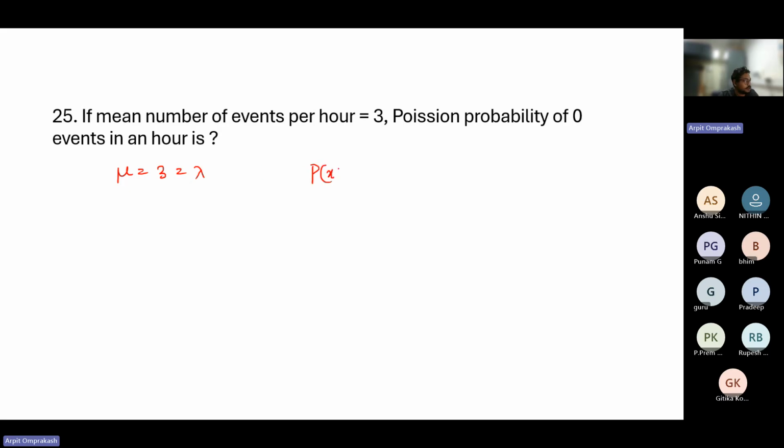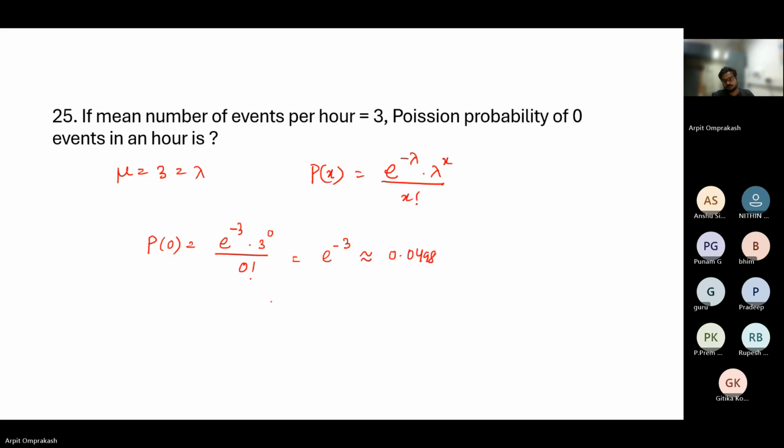We know that probability of x for a Poisson distribution is given as e power minus lambda into lambda power x divided by x factorial. What we are asked is probability of 0 events, so we substitute lambda equal to 3 and x equal to 0. So 3 raised to 0 is 1, 0 factorial is 1. This becomes e raised to minus 3, which is approximately 0.0498, or 4.98%.